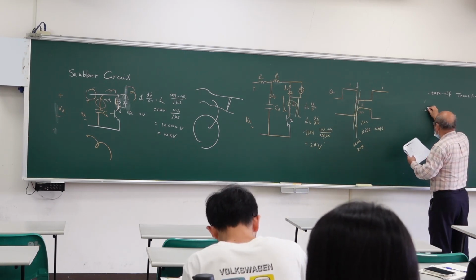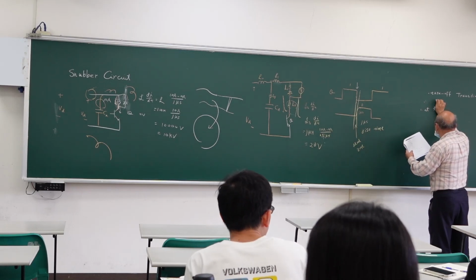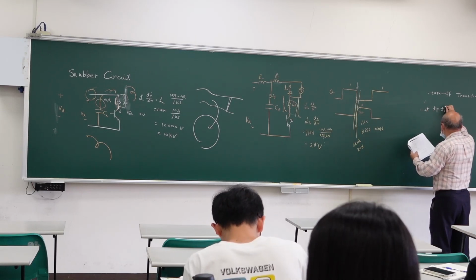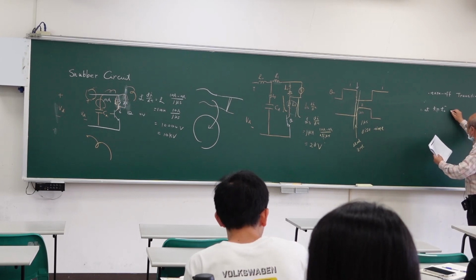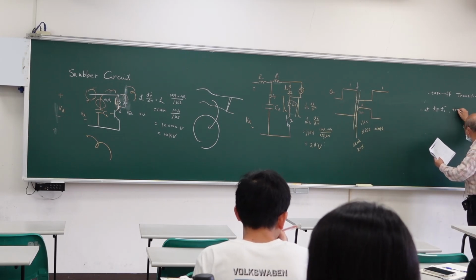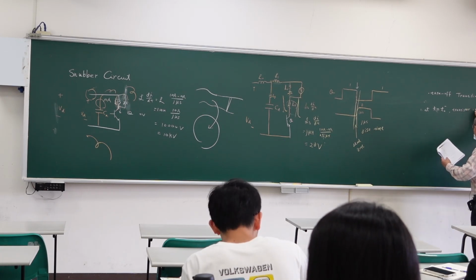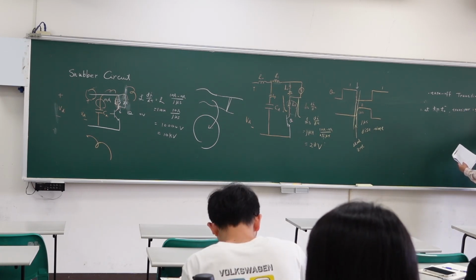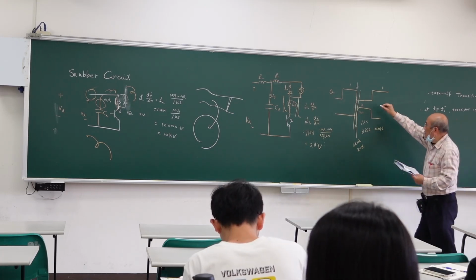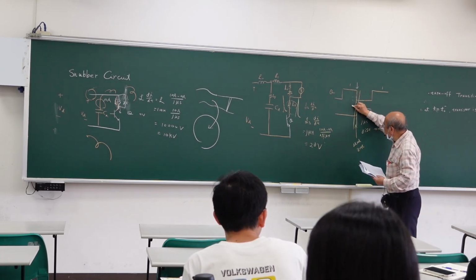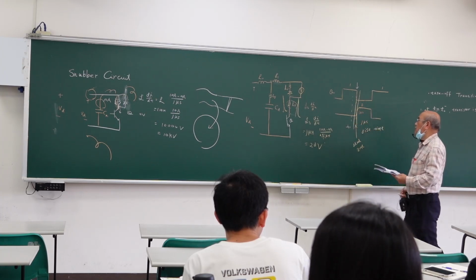So at T0, the transistor is on. It conducts. So here, the transistor is conducting. So here we have T0.